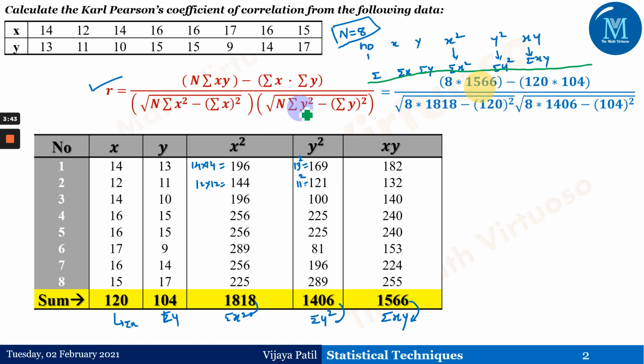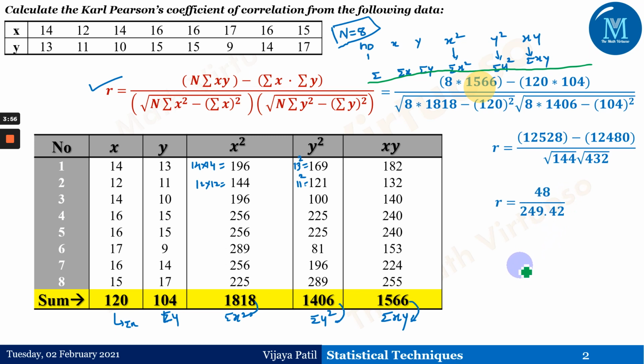Again summation of y square is 1406, minus summation of y the whole square, 104 square, over 8. After multiplication with the calculator, you will get the final answer: r equals 0.1924.